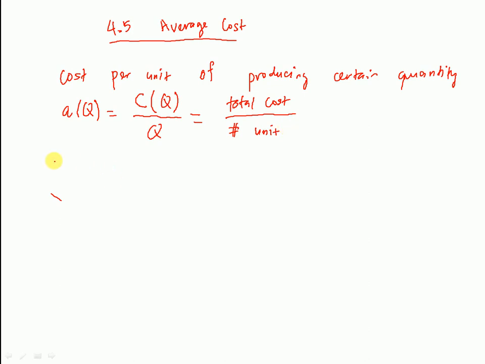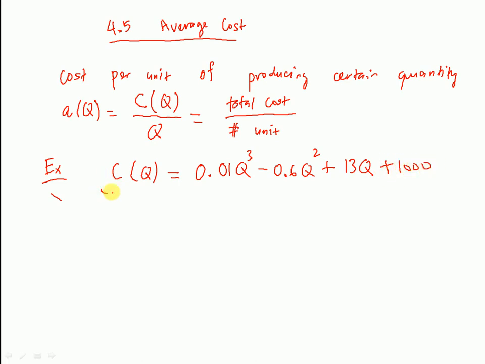Okay, so let's go over one example, and hopefully it will make sense. Now, if I have the total cost equation, C of Q, of producing a certain product to be 0.01 Q to the third power minus 0.6 Q squared plus 13 Q plus 1000.